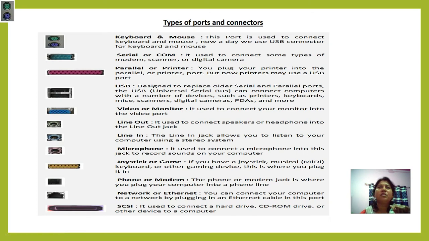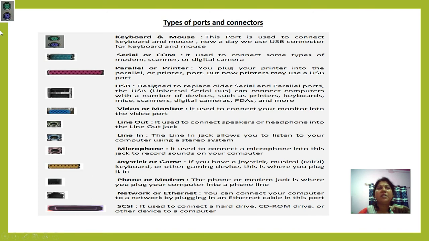Now next are the types of ports and connectors. The first one is your PS2 port, which is used for keyboard and mouse. Next is your serial port, which is used for your modem, scanner or digital camera. And this is the parallel port, used for printer only.